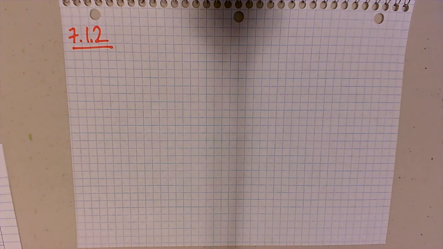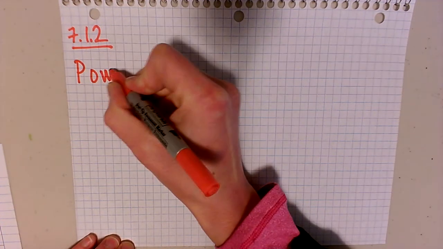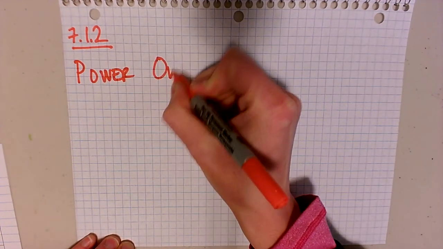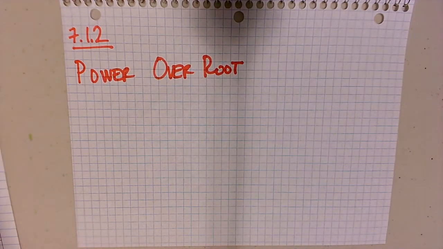So hopefully you're following along with the handout, and you can see the objective is just to convert between exponential and radical expressions. The big thing that we want to remember is power over root. This comes into play when we think about fractional exponents.